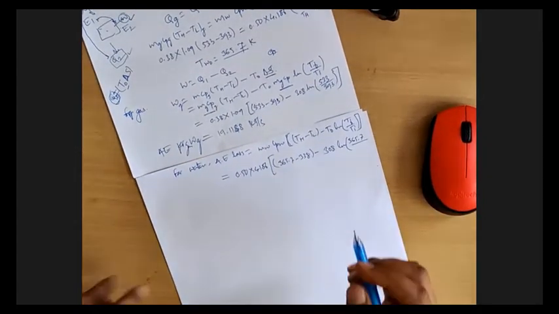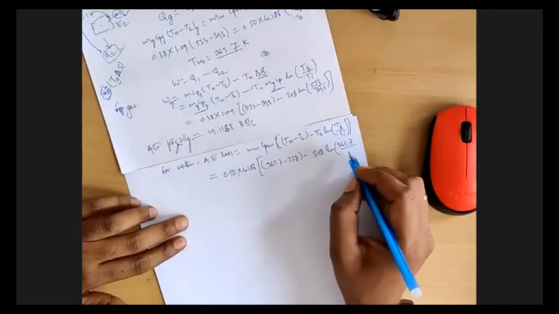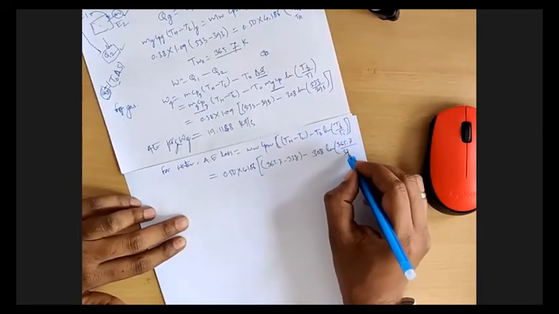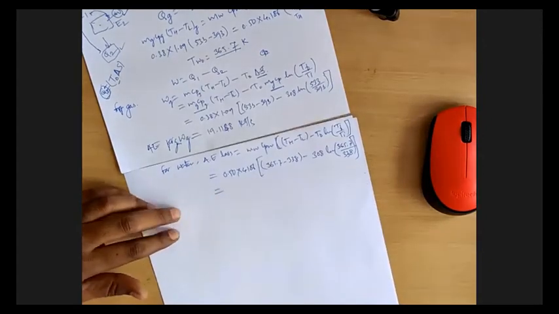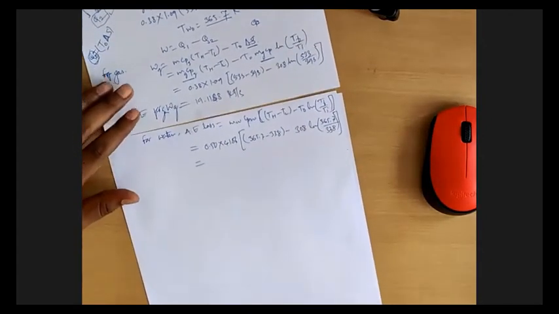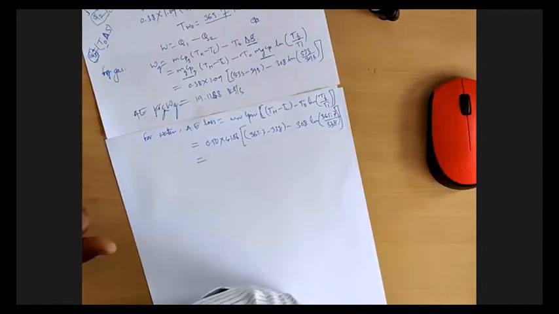Okay, 365.7 by initial temperature is 338. Put the values and calculate the available energy change for water.